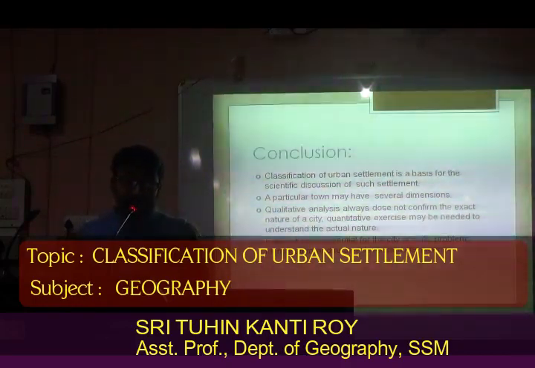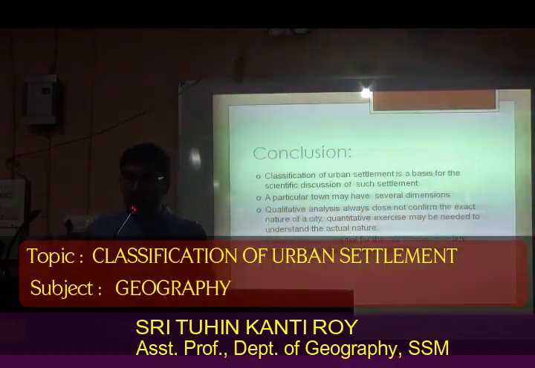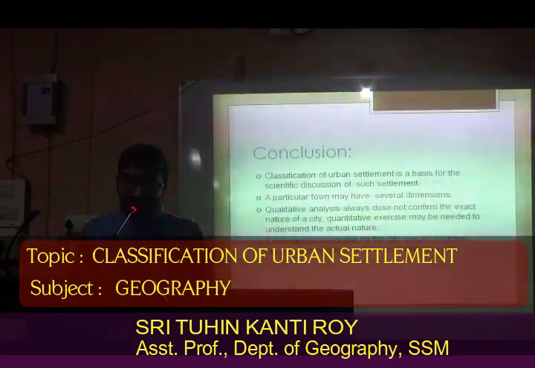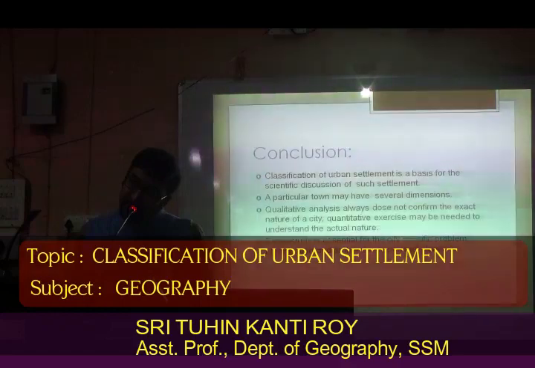In particular, a town has various dimensions. In the functional classification of towns, we have tried to recognize towns or cities as administrative towns or transport towns. But in reality, a particular town may have several dimensions.